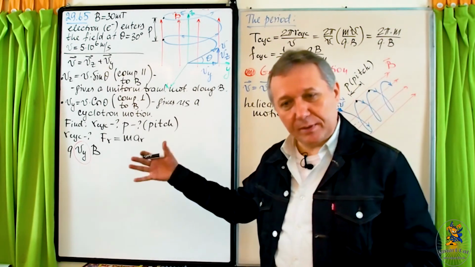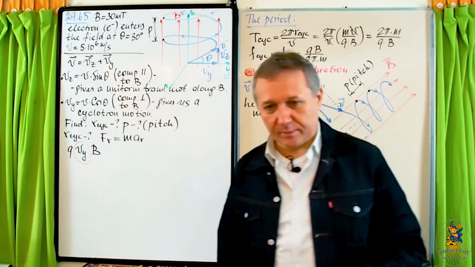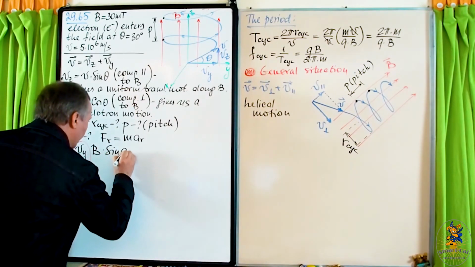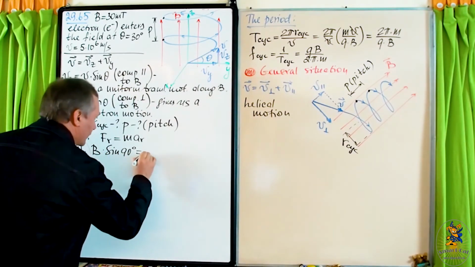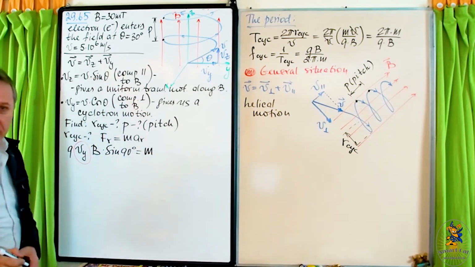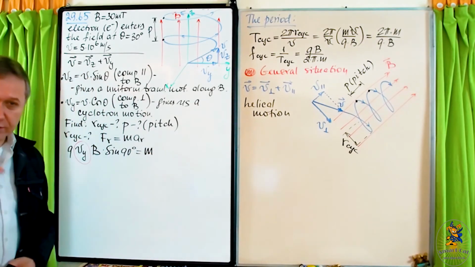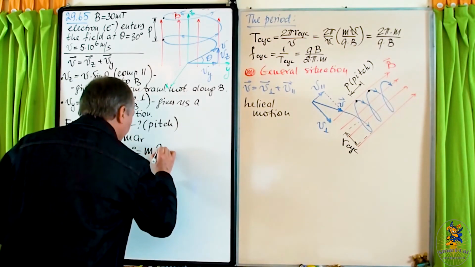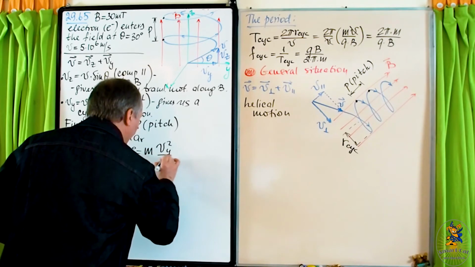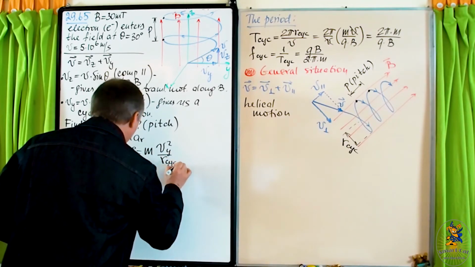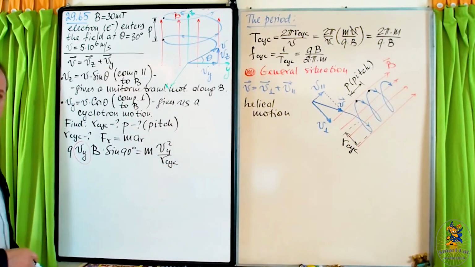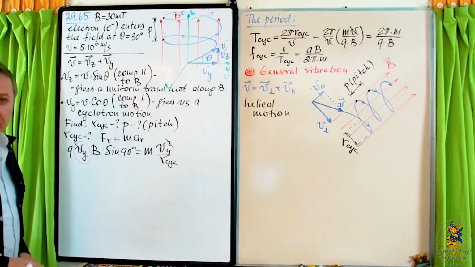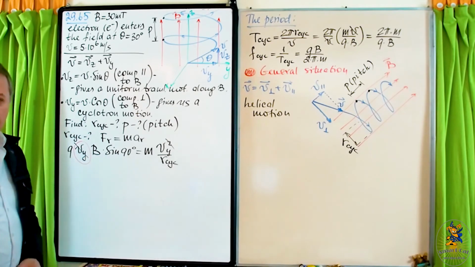So QVB and the sine of the angle between them, sine of 90 degrees, equals mass times centripetal acceleration. And again, the velocity in the centripetal acceleration must be that perpendicular component: m v sub y squared over r cyclotron. Again, one v gets cancelled, and we're getting the formula. You see, just basically one line.